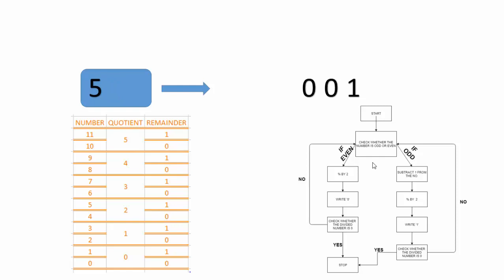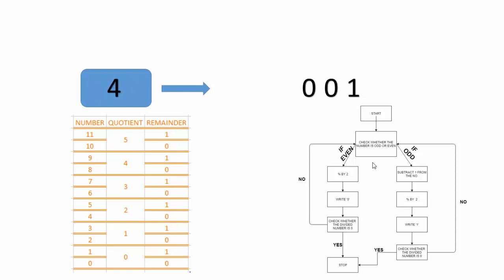We just have to consider whether the number is even or odd, and depending upon that, take the decision to subtract 1 from it or not. If the number is even, we will be considering 0, and if it is odd, we will be considering 1. And this is how we'll go on building up our binary number.